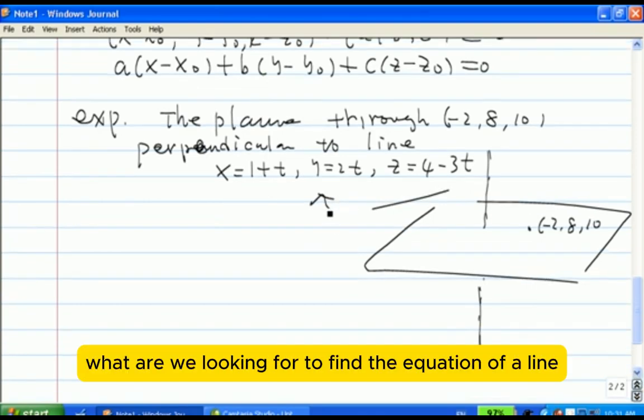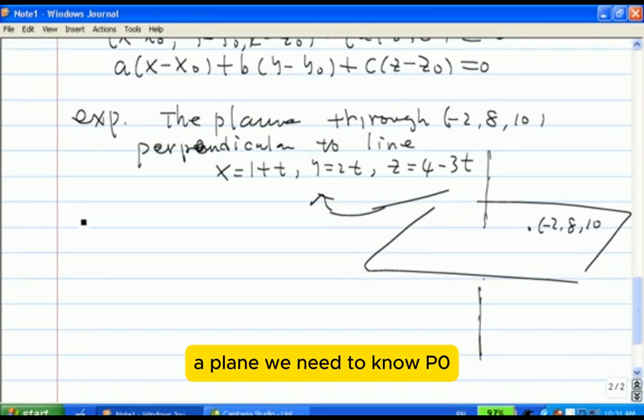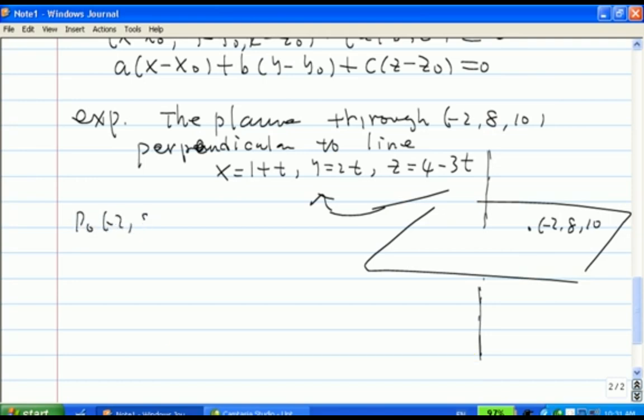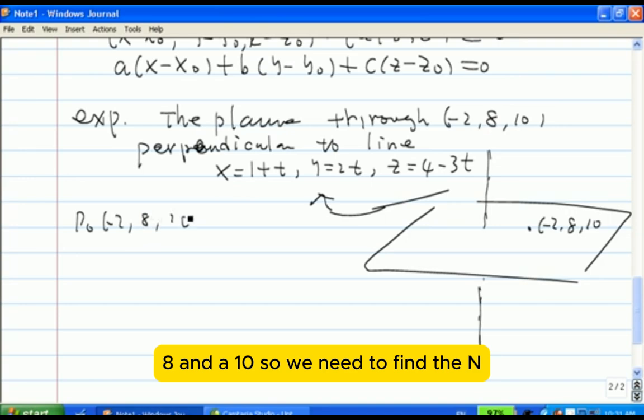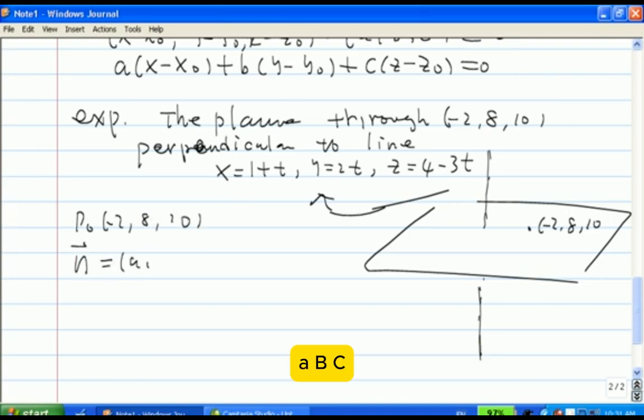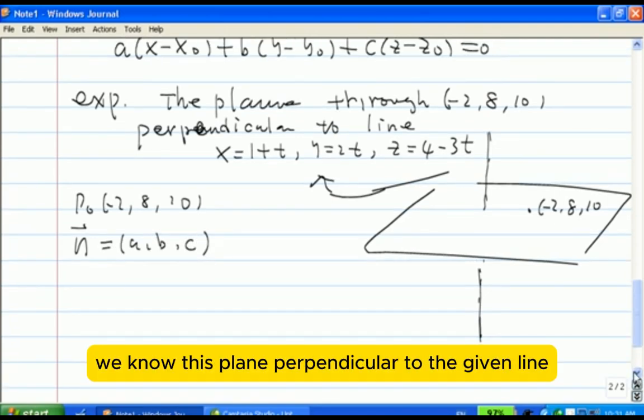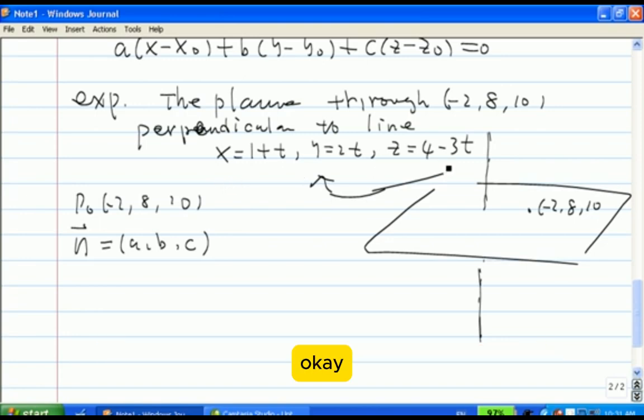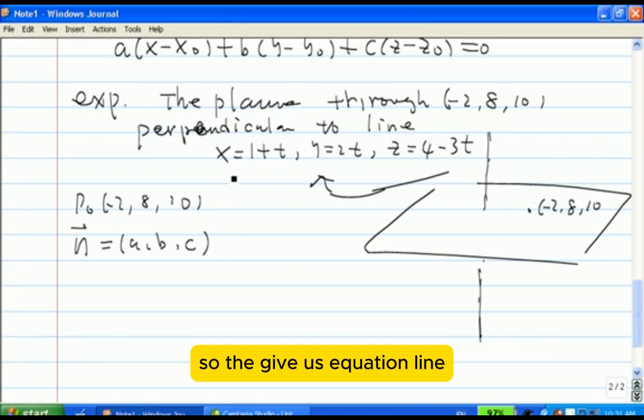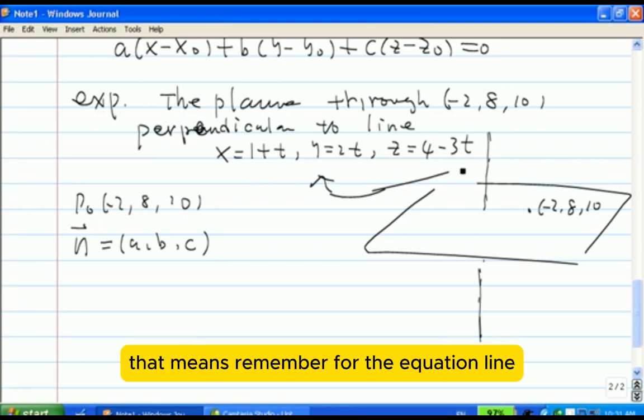Okay, now what are we looking for? To find the equation of a plane, we need to know P0, which is that (-2, 8, 10). So we need to find the n, A, B, C. So how do we find the n? We know this plane is perpendicular to the given line. They give us the equation of the line.